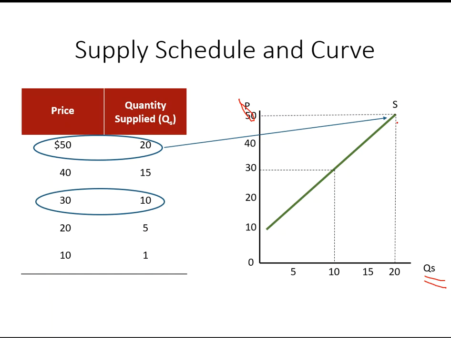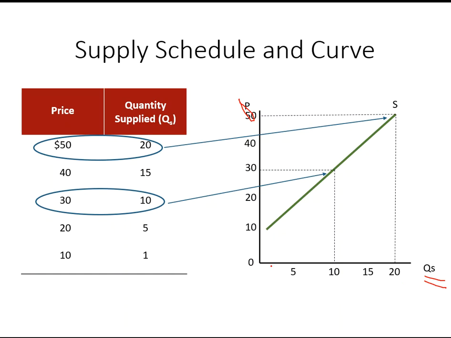Then we connect these two dots together. This will be our supply curve. As I mentioned, this is called a direct relationship. As price goes up, quantity supplied goes up. If the price goes down, quantity supplied goes down. This is the law of supply and the supply curve.